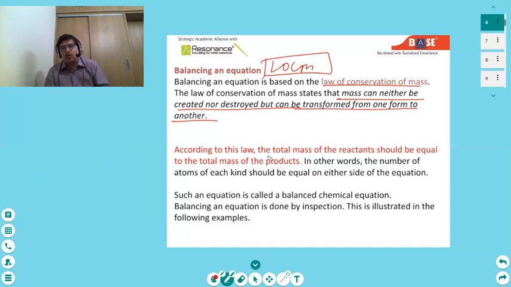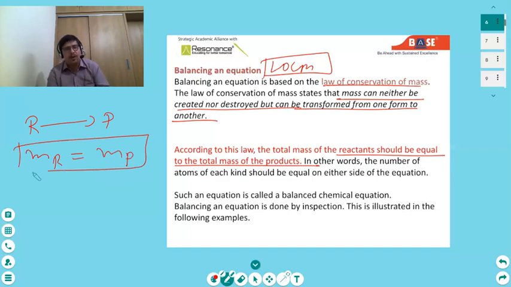According to this law, total mass of the reactant must be equal to total mass of the product. So if this is my reactant giving product, my total mass of the reactant must be equal to the total mass of the product. समझ में आया? Good. In other words, the number of atoms of each kind should be equal on either side of the equation. That we are going to see.